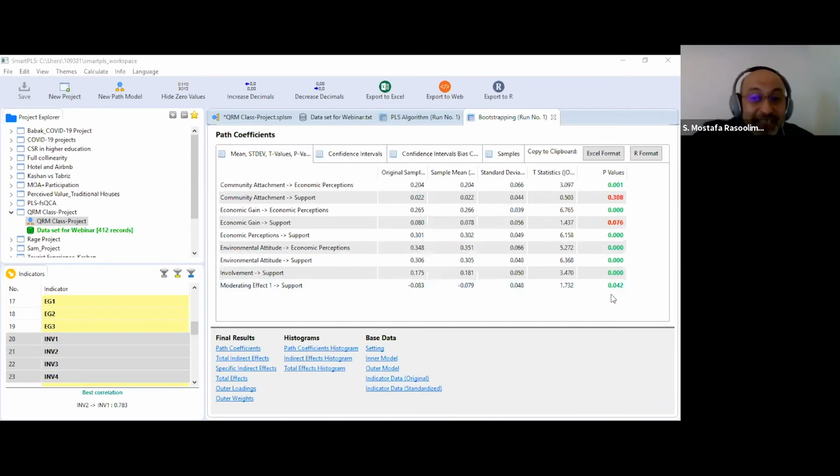So even though this p-value is significant, the direction of the interaction effect, the sign of the interaction effect, is different from the hypothesis. So even though the result is significant, p-value lower than 0.05, we cannot support the hypothesis.